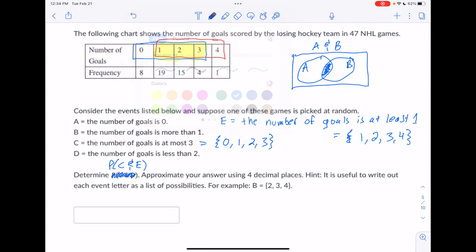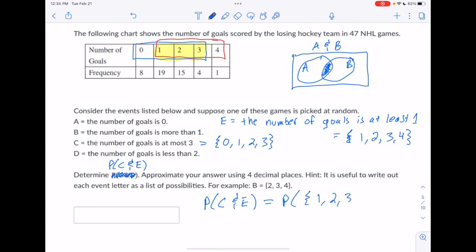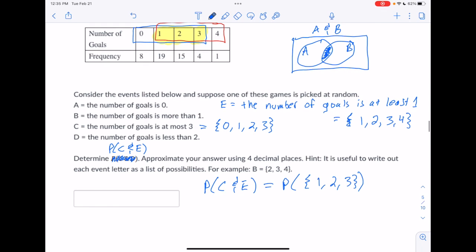So when they say they want the probability of C and E, that means they want the probability of the overlap. And we just worked out that the overlap of those is 1, 2, 3. Then you switch over to doing number stuff.